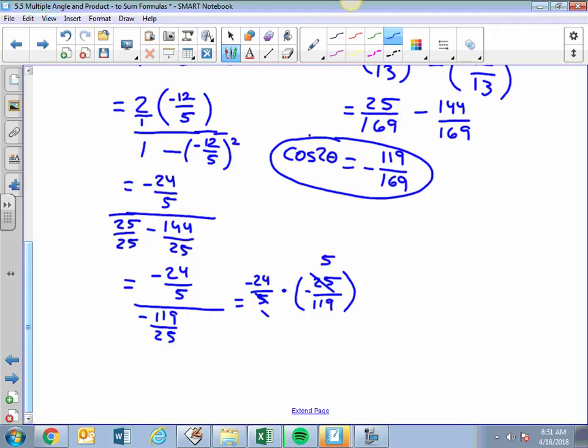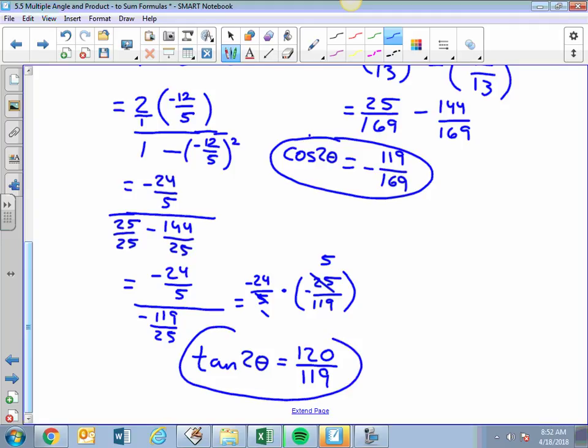I don't believe you can do anything else here as far as simplifying. So for the tangent 2 theta, 24 times 5, I would just take 5 times 4, which is 20, and then 5 times 20, which is 100, so it'd be negative 120. Actually, it's positive 120 since there are 2 negatives, over 119. So there is your tangent 2 theta.